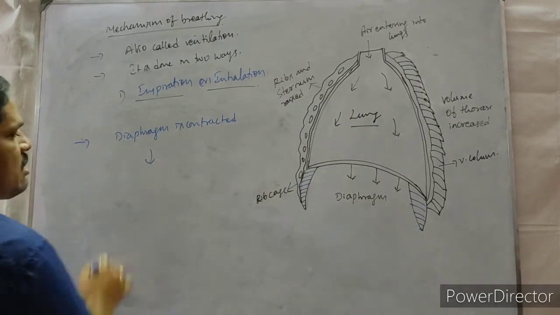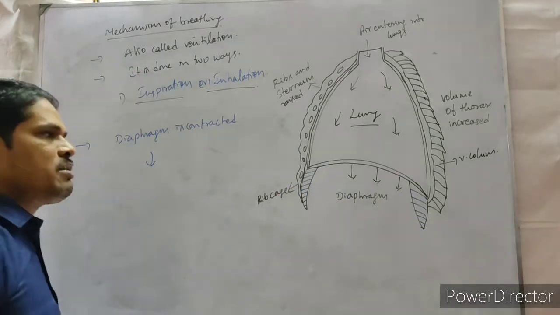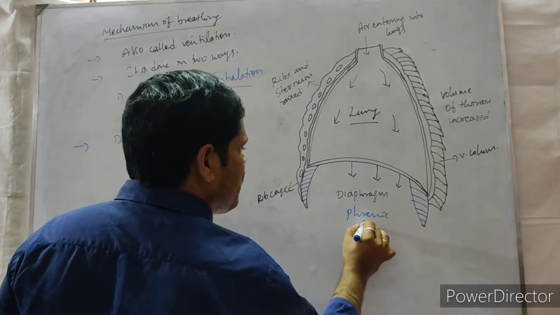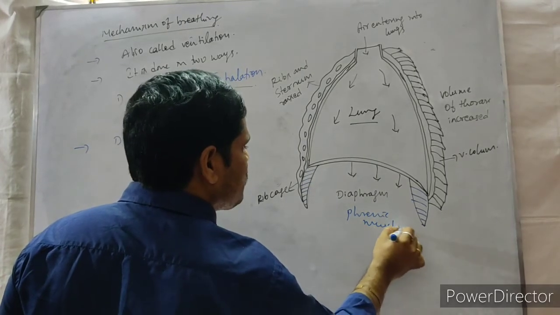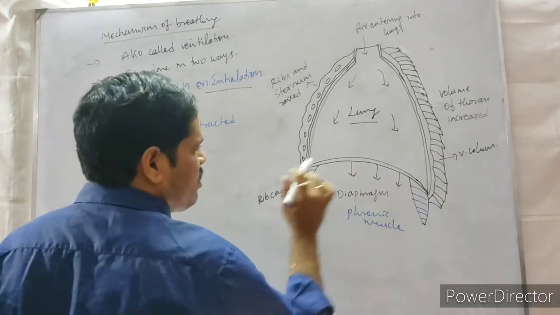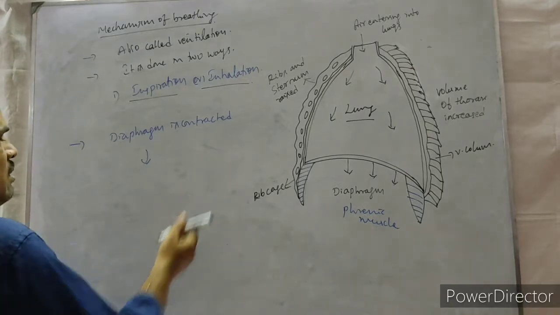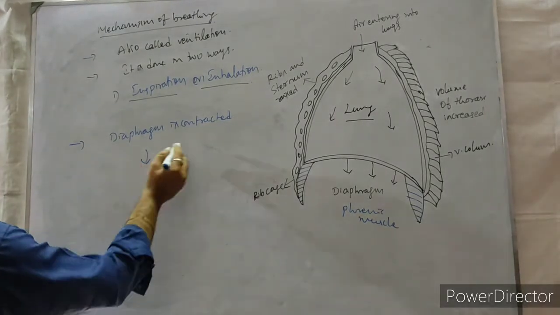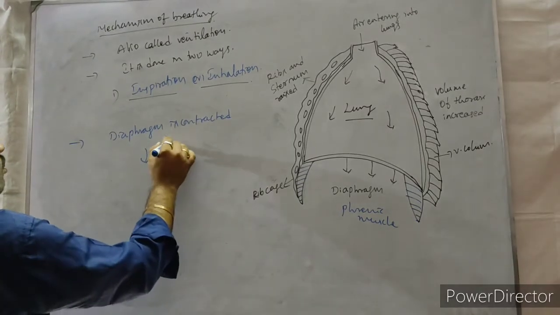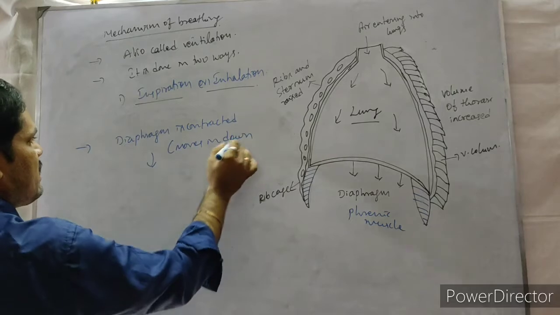Due to the contraction of the diaphragm, it moves in a downward direction. What muscles are present in the diaphragm? Phrenic muscles. The phrenic muscles are contracted so that the diaphragm is flattened. It moves in a downward direction, like this. So the diaphragm is contracted and moves downward.